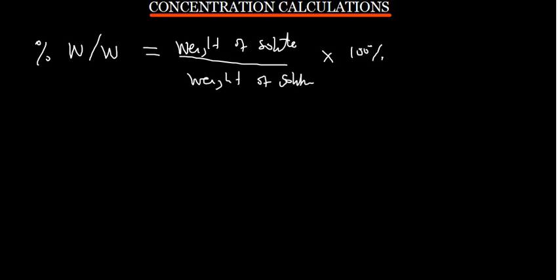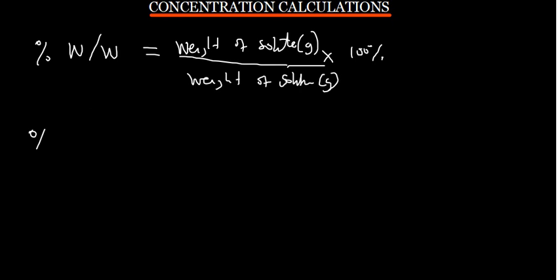Now this weight is in grams, all right? It's either in grams or in kgs. So simply weight over weight times 100. They should be in the same unit because at the end you want those units to cancel out, and then you multiply by 100%. That's why we're calling it a percentage.